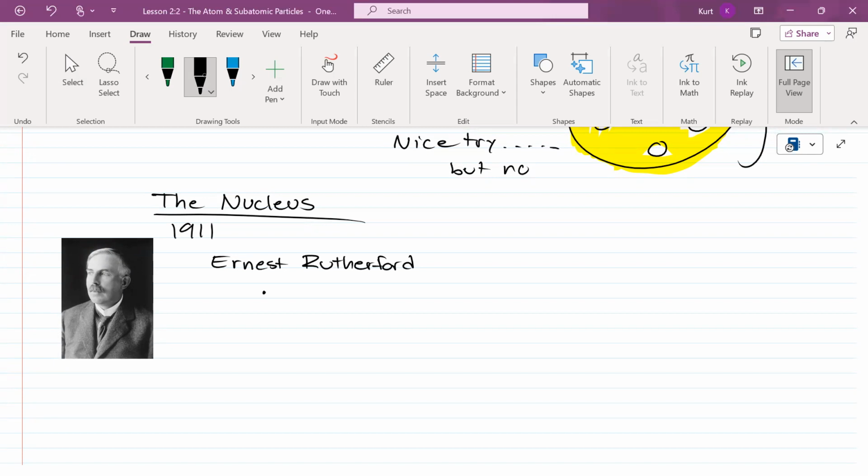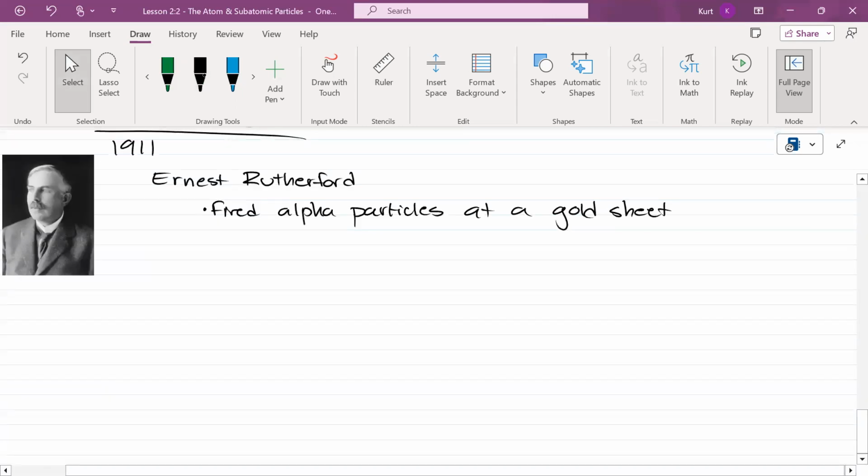He did an experiment where he fired alpha particles at a gold sheet. Now, here is what his expectation was.